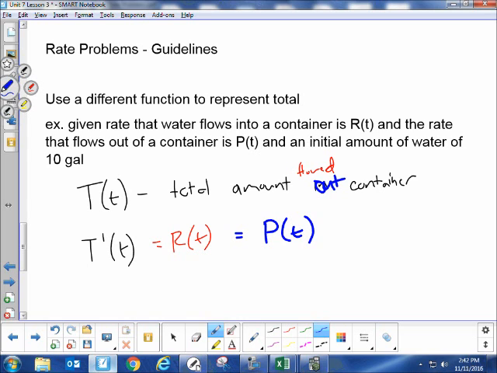But if we're just talking about the total amount of water in the container, what would T prime be?